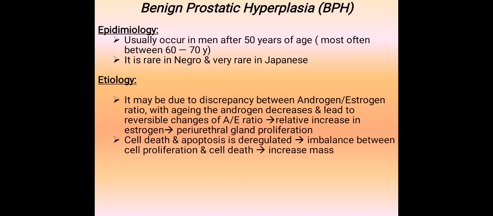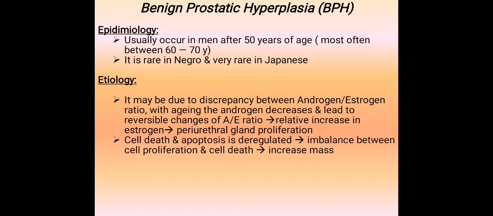Why does the benign prostatic hyperplasia occur in males? It may be due to discrepancy between androgen and estrogen ratio. With aging, the androgen decreases and leads to changes of the androgen-estrogen ratio.